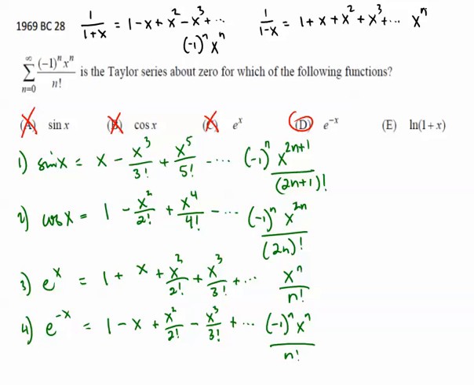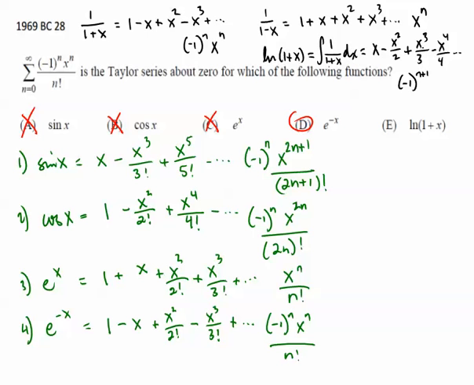But because ln of 1 plus x is just the antiderivative of 1 over 1 plus x dx, that would then be the term-by-term integral, which would give us x, and then minus x to the second over 2, and then plus x to the third over 3, minus x to the fourth over 4, etc. And so its general term would be -1 to the, we need a positive first, so this would be n plus 1, I believe.